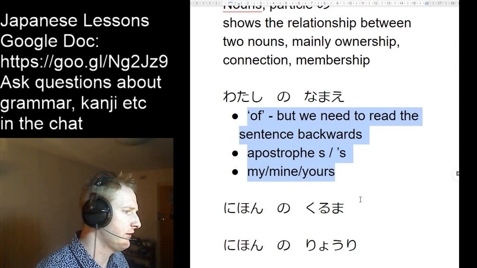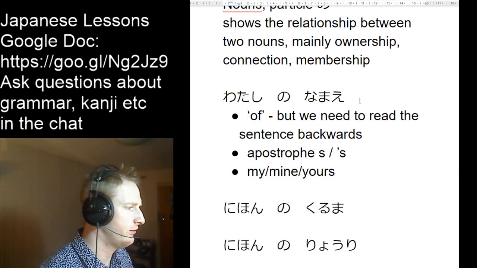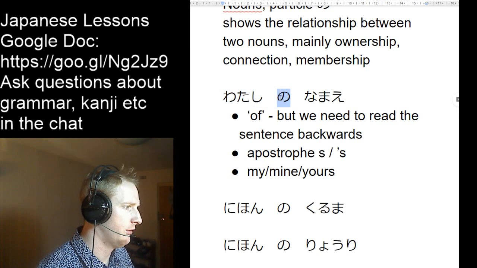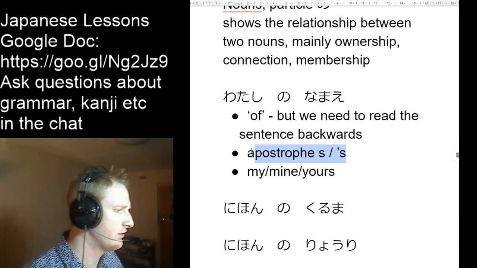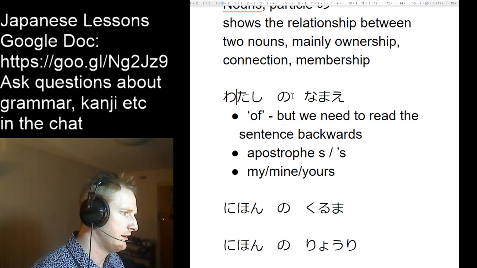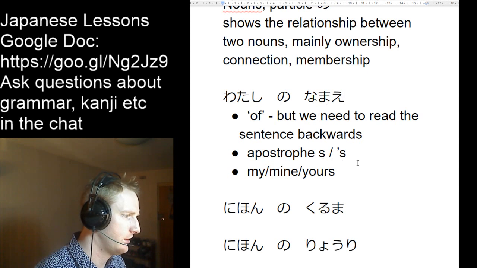Okay, now I said that there's three kind of ways we can translate this. We can say of and read the sentence backwards, so name of me or I. We can think of this as like an apostrophe S. So I or me, apostrophe S, name, my's name, doesn't really work with English grammar, but you kind of get the idea.